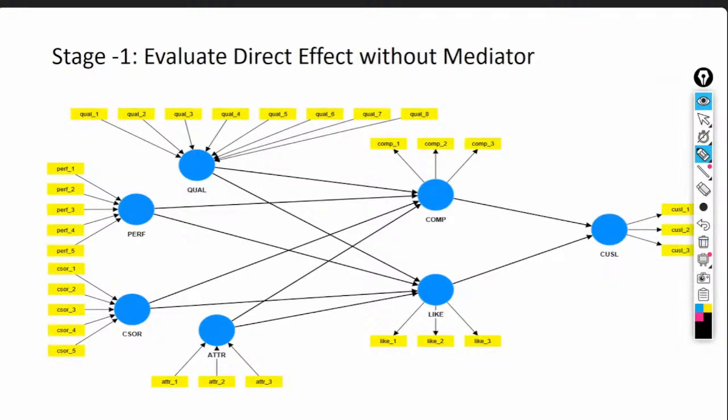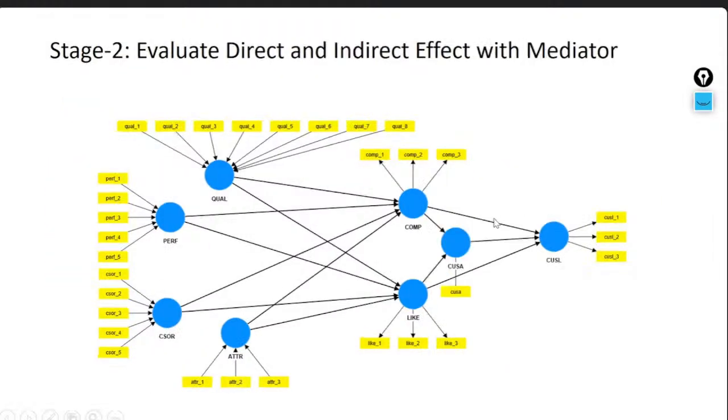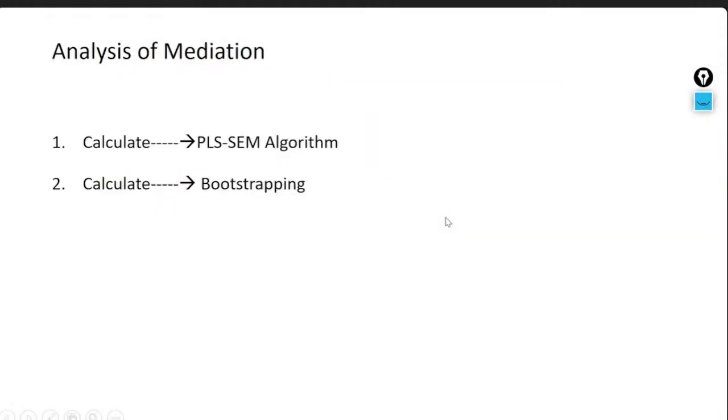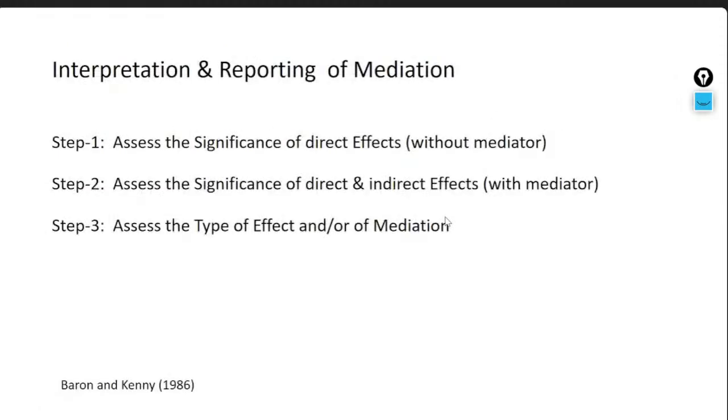Okay, once I find my relationship significant, then I can perform direct and indirect effects. I will check whether this direct effect or indirect effect is significant or not, and the analysis of the PLS algorithm I will perform in two stages, and then calculate bootstrapping, and then finally report the results.